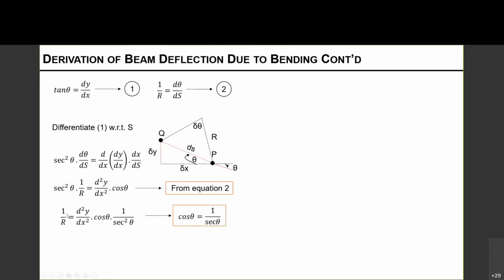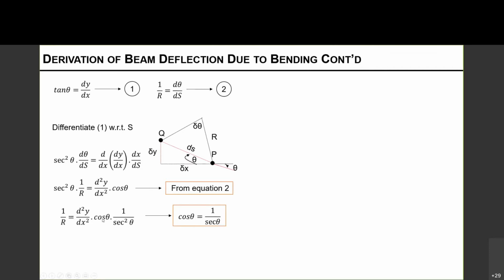Okay, so I will have 1 over r equals d squared y over dx squared, cosine theta is there, and I have 1 over sec squared theta, right? And again, I know that cosine theta is 1 over sec theta.